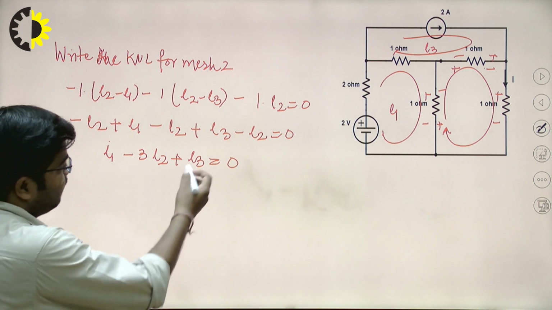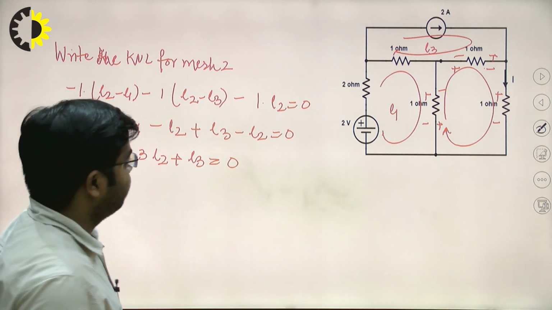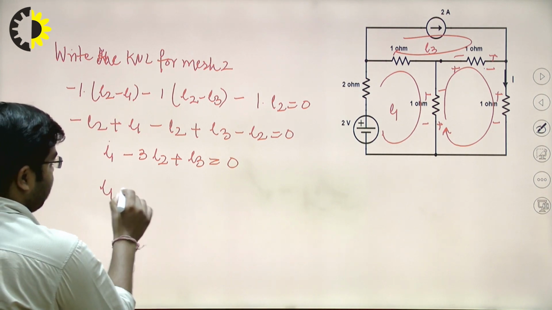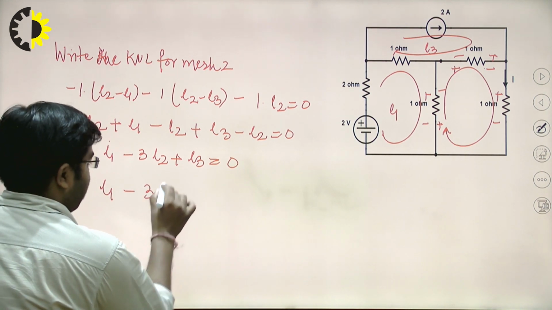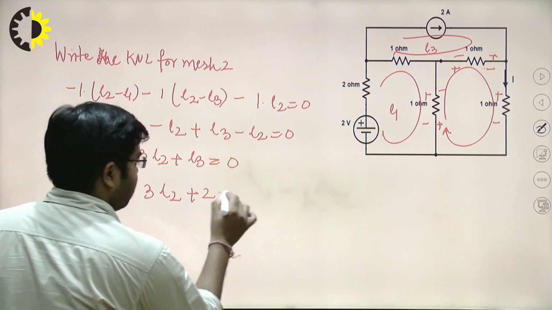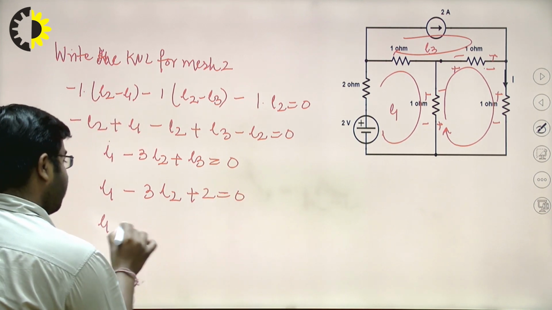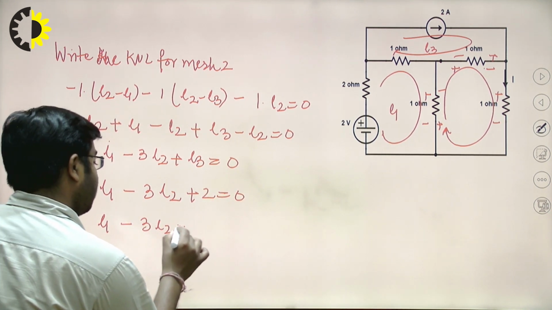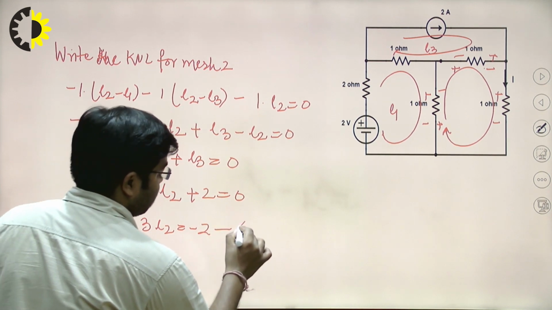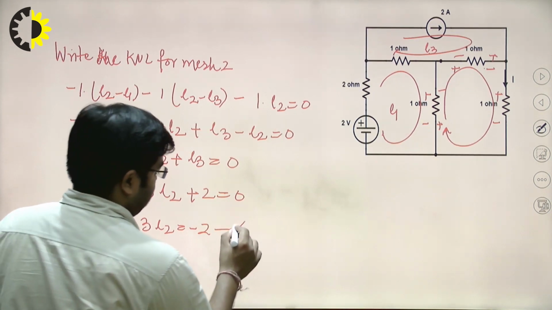Now you can put I3 equal to 2. So I1 minus 3I2 plus 2, that is equal to 0. So I1 minus 3I2, that is equal to minus 2. Suppose this is equation number 4.